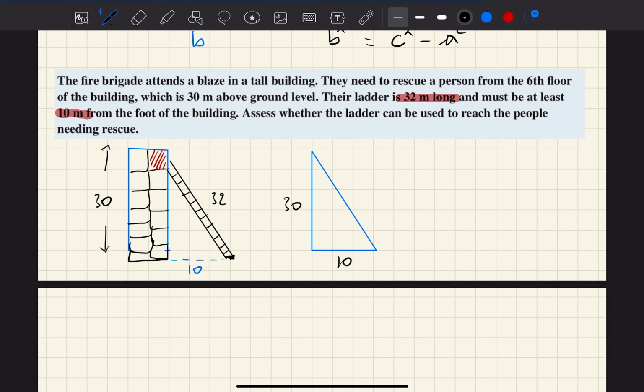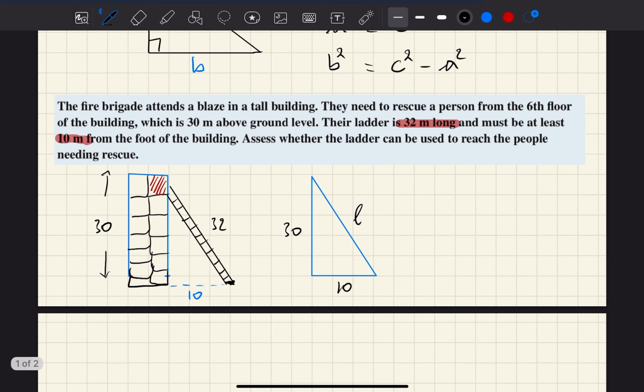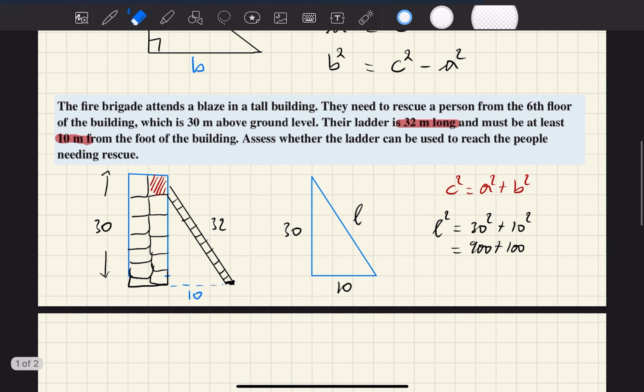We want to treat this as L. To find L, we apply the Pythagoras theorem, which is C squared equals A squared plus B squared. So L squared equals 30 squared plus 10 squared, which is 900 plus 100, which is equal to 1,000.